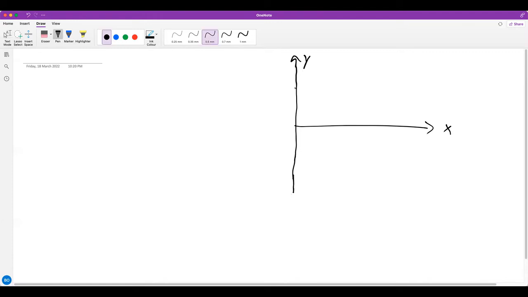One of them is negative Q, and the other one is positive Q. So both charges have a magnitude Q, and the distance from the origin to the position of the charges is A. And I am interested to look at the electric field created by those charges at a distance x along the x-axis. Okay, so I want to calculate the electric field here.